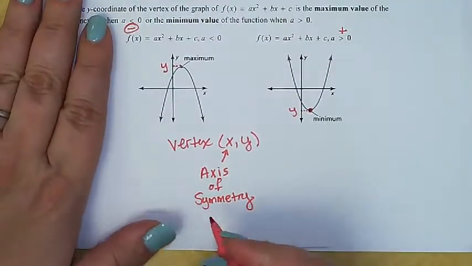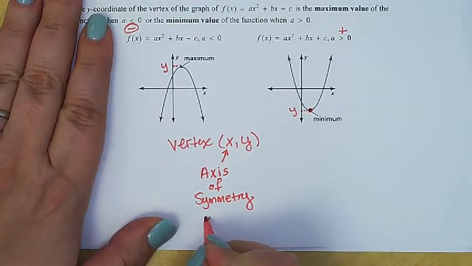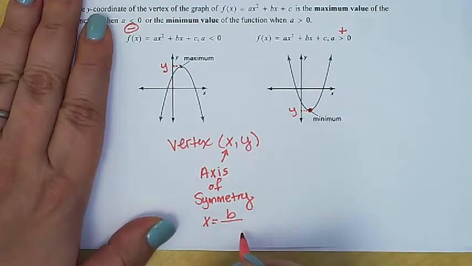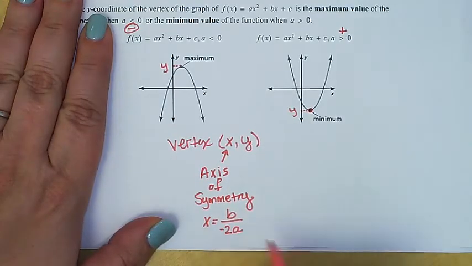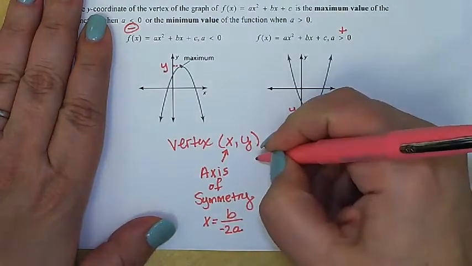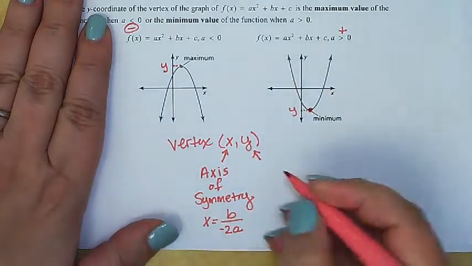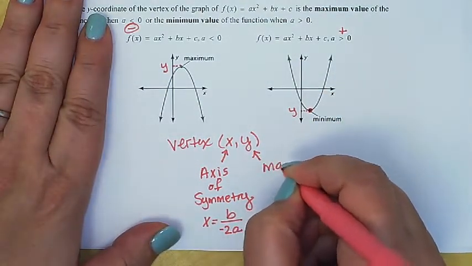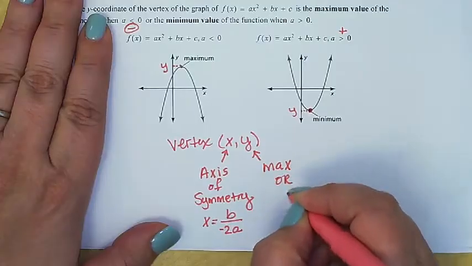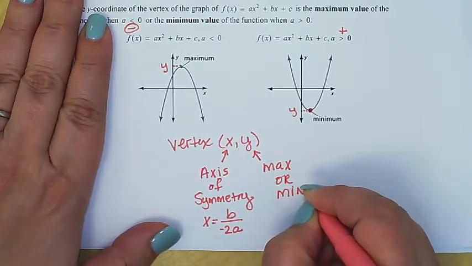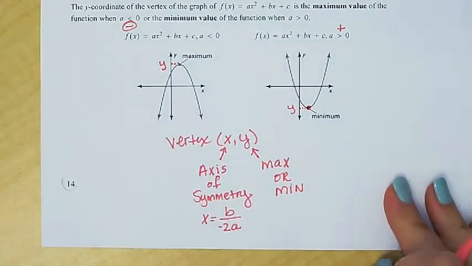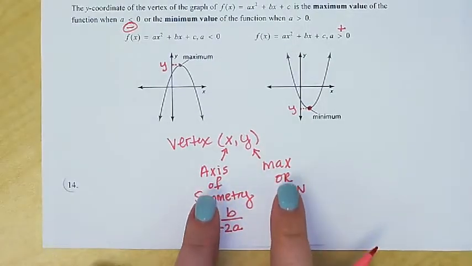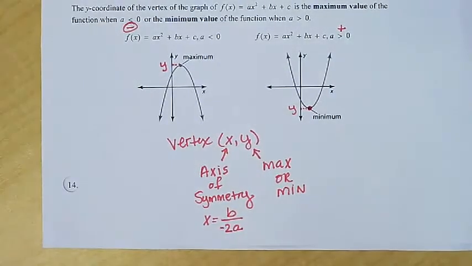And in these equations, we're going to find that with this formula, b over negative 2a. And then the y-coordinate is always going to tell us what the max or min of the curve is, depending on which way it opens. Okay, so it's got some really important information embedded into it, that vertex does.